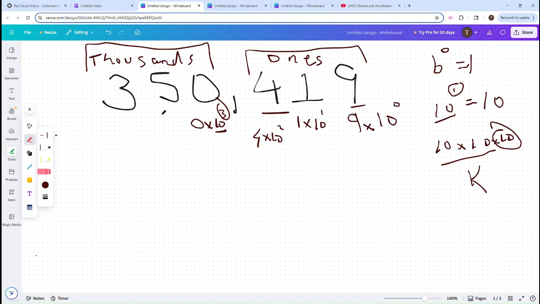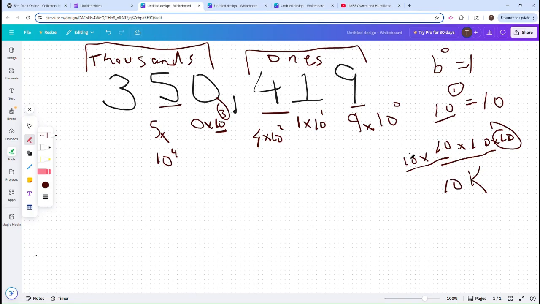Next one, we have 5 times 10 to the fourth power. Take this 10, write it 4 times, and multiply. 10 times 10 is 100. 100 times 100 is 10,000.